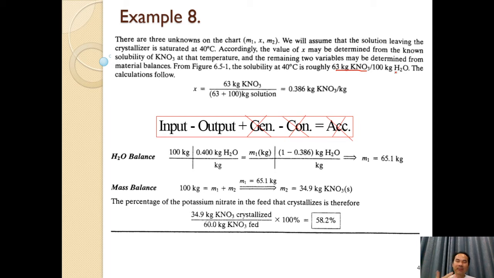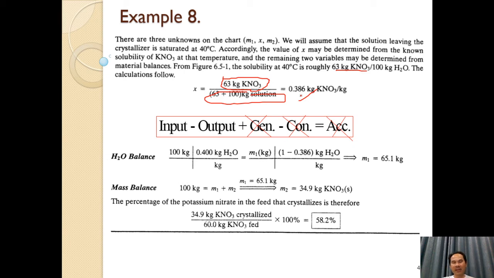Then you can calculate the fraction. In this case, the total mass is 163, and potassium nitrate is 63. You get 0.386 kilogram potassium nitrate, 38.6%.